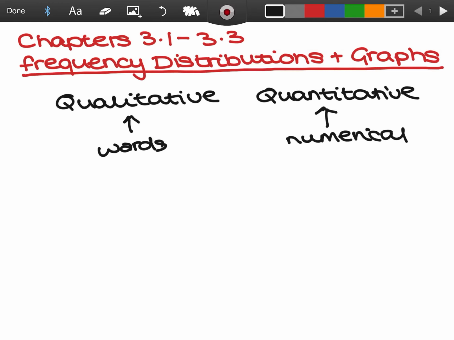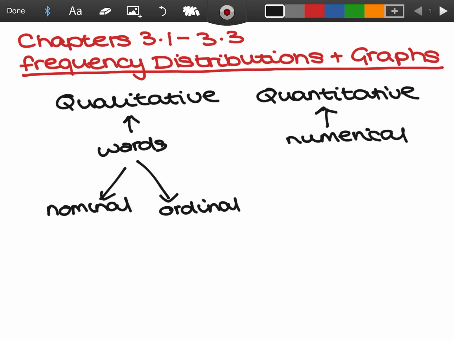Now, you can split these into two categories on each one. Two types of qualitative data are nominal data and ordinal data. They're both very, very similar, but there is one slight difference between the two.